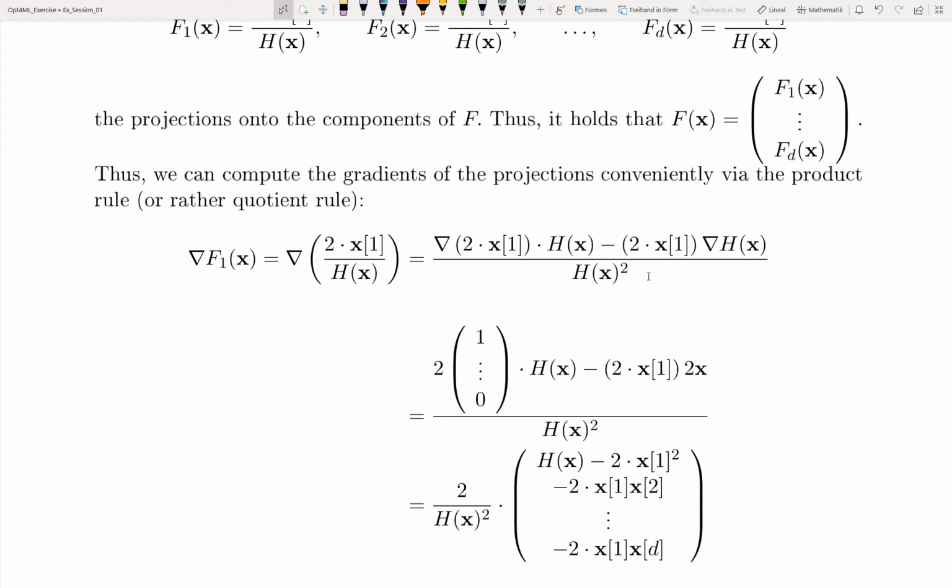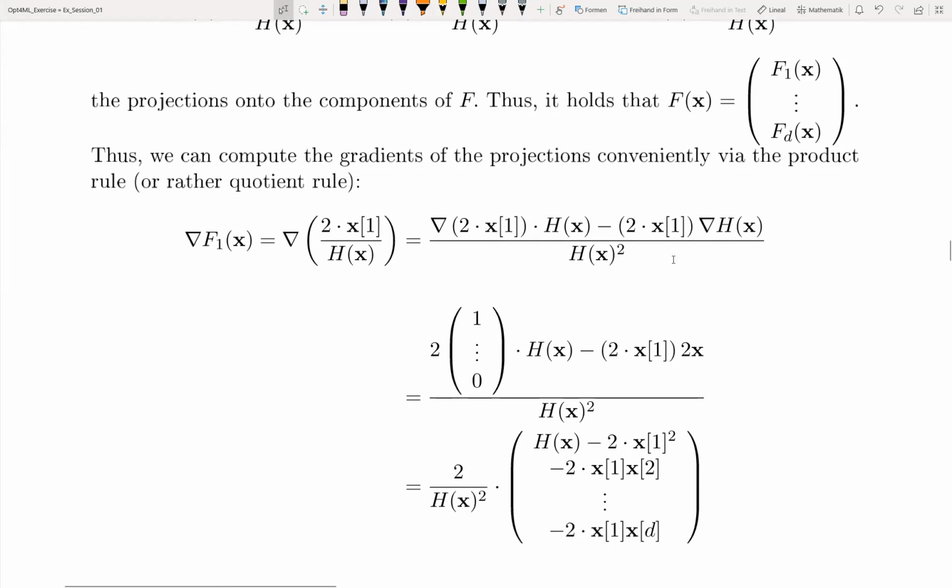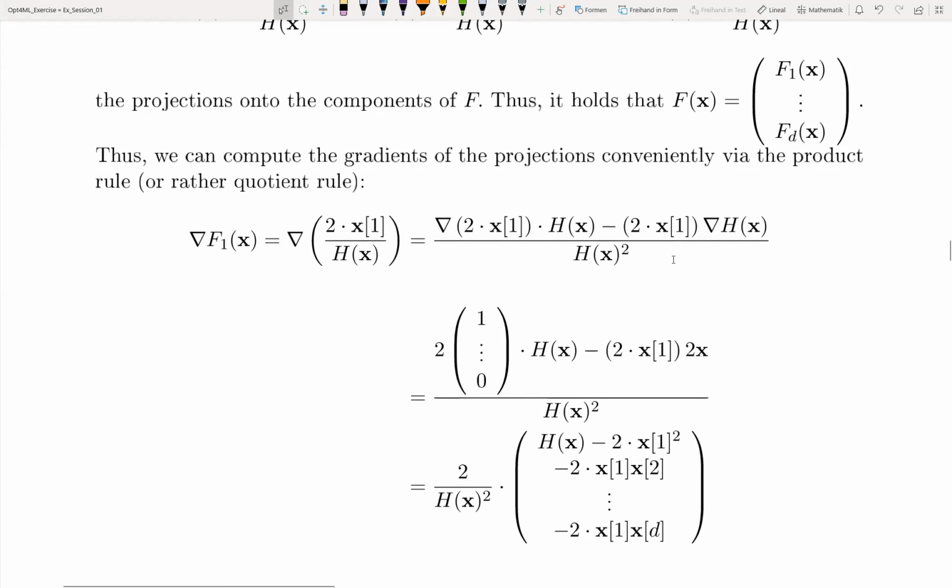All right, now what we need to do is compute these two gradients occurring here. What about the first gradient? The gradient of this function, which is projecting the vector x onto the first component.